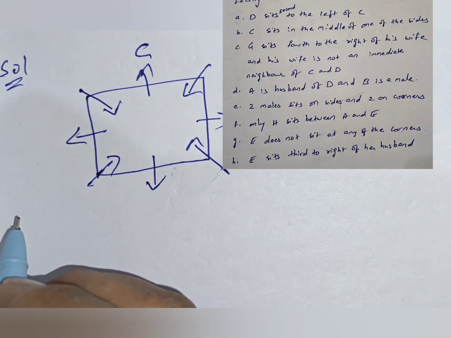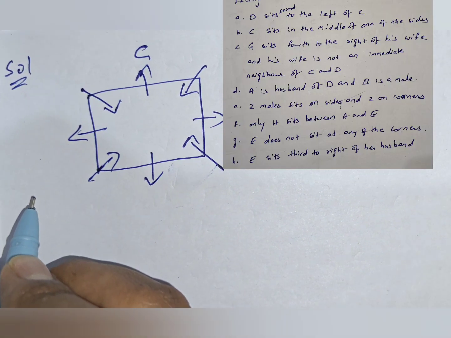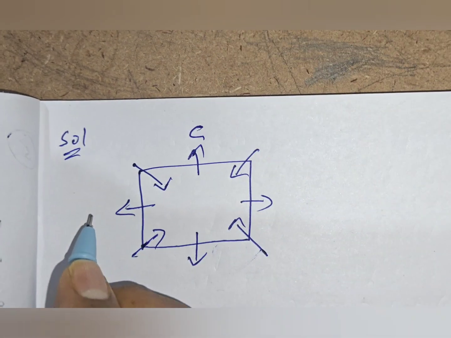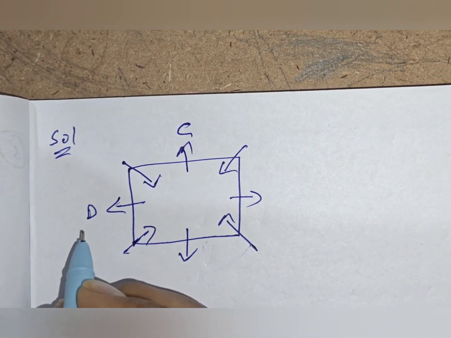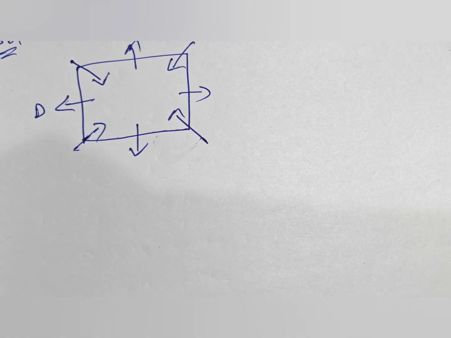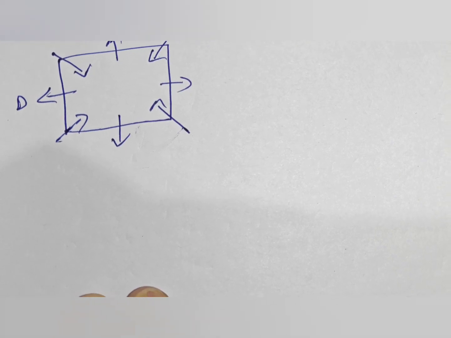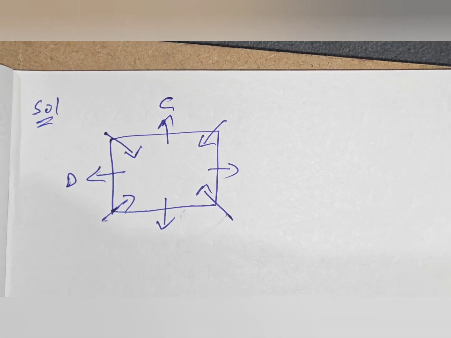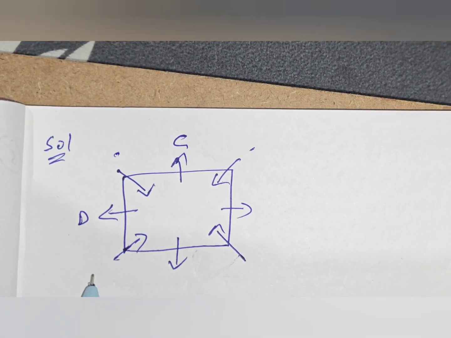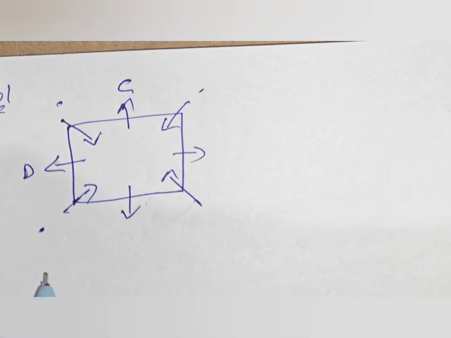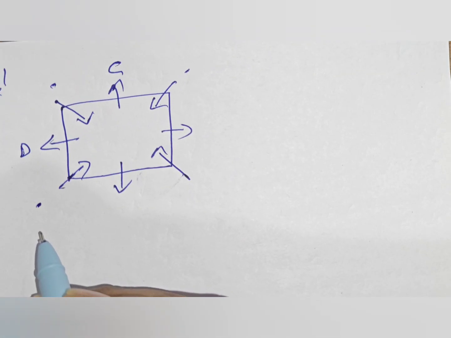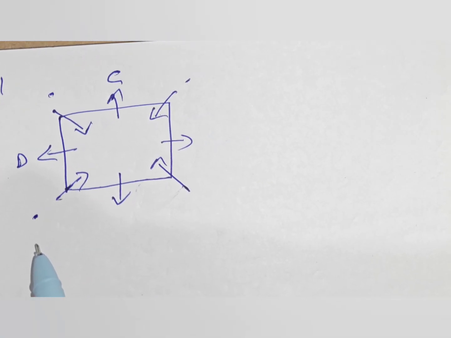Next, the statement says that D sits second to the left of C. Since C is facing outwards, left side comes this side, and D sits second to the left of C. And the next statement, G sits fourth to the right of his wife, and his wife is not an immediate neighbor of C and D. Immediate neighbors of C come this place and this place, and of D this place and this place.